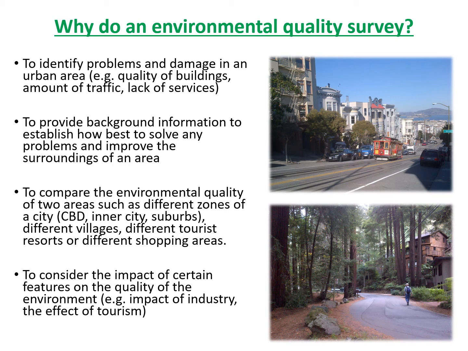If there's a factory in close proximity, in an area, does that impact the environmental quality of that particular area? If there are a lot of shops, if you're in a shopping area, how does that compare? Different types of shopping areas compare in terms of the effect on the environmental quality. So many options there for applying an EQS and finding out about the particular environment, the particular area that we're looking at.